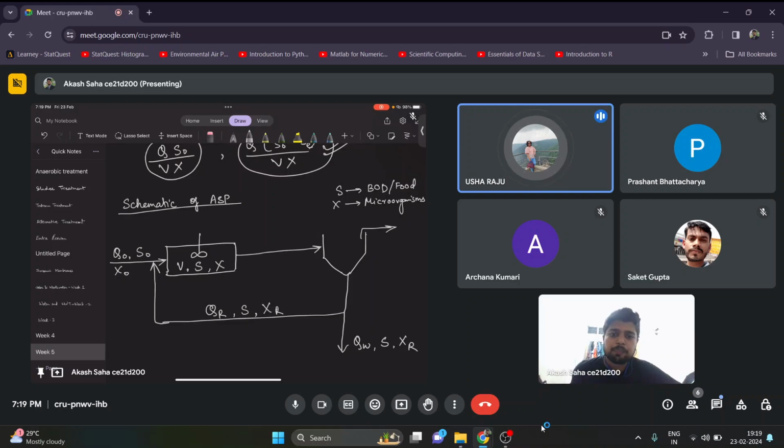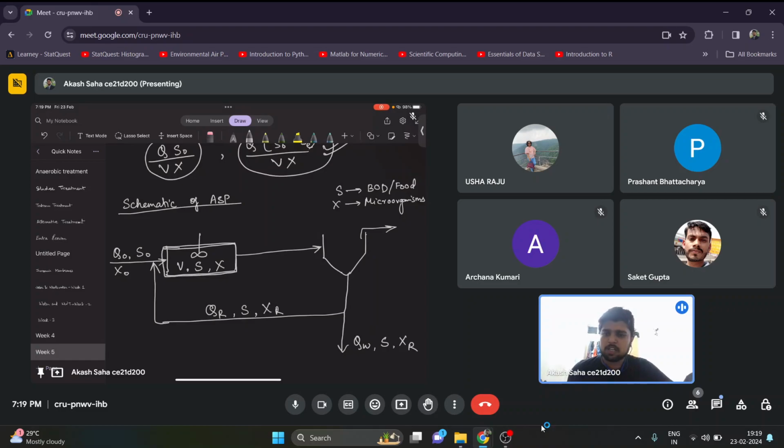So how will the S remain the same? See, we are just assuming that all the degradation of the biological matter is happening in this aeration tank. So once my S naught enters the system, it is changing to S. That is the only degradation happening to the BOD. After my BOD leaves the system from the aeration tank, there will be no change in the BOD.